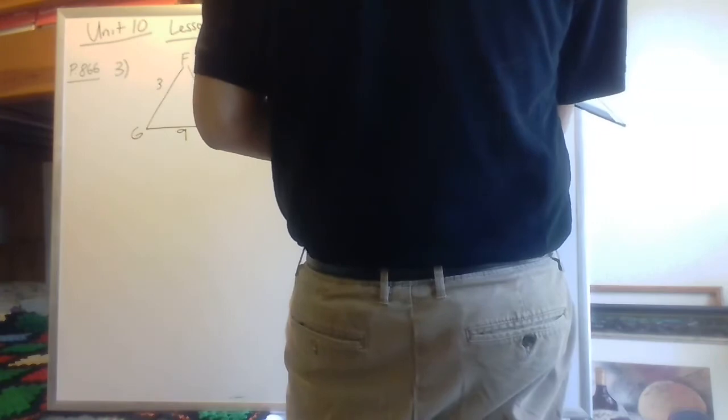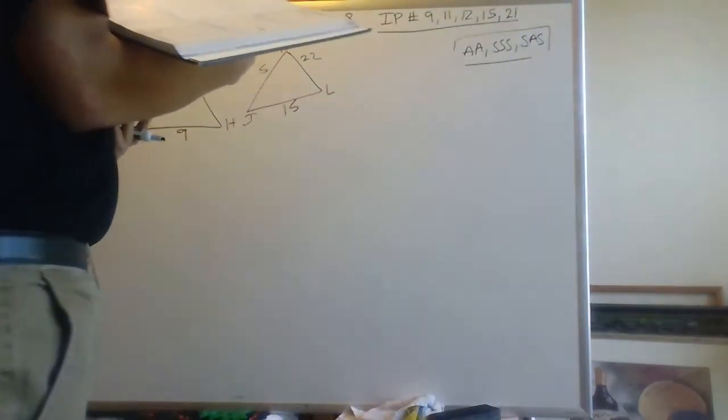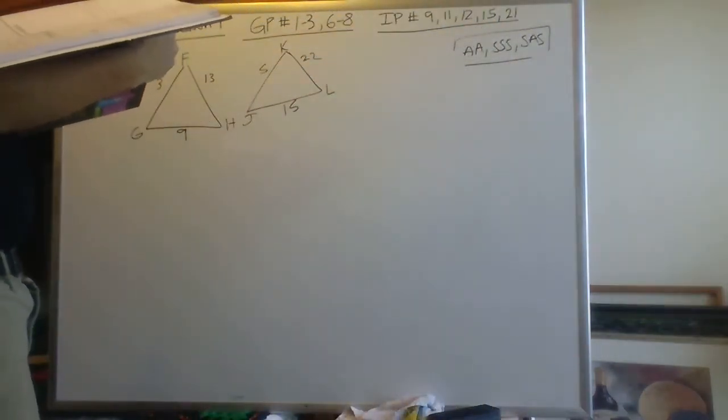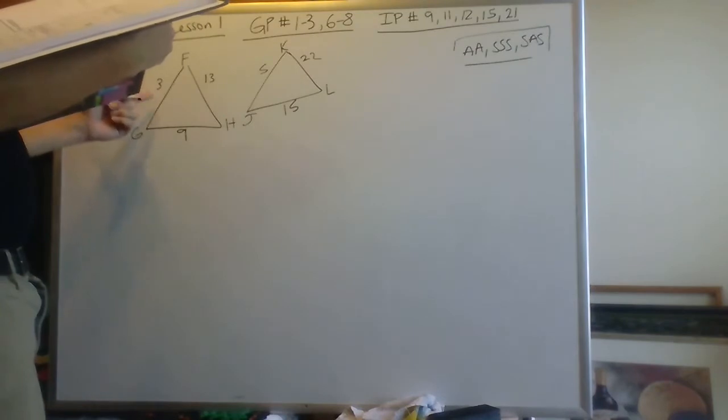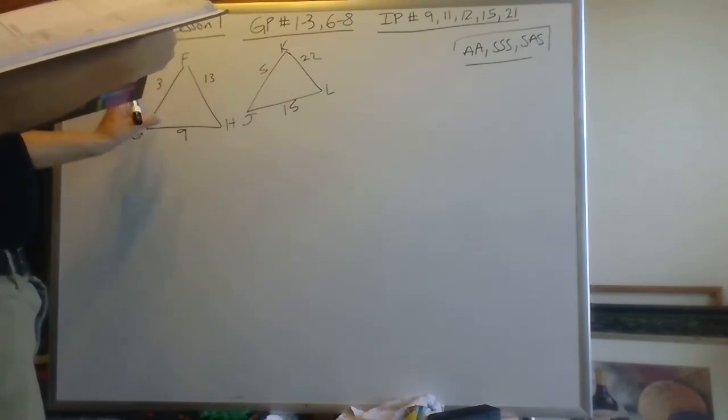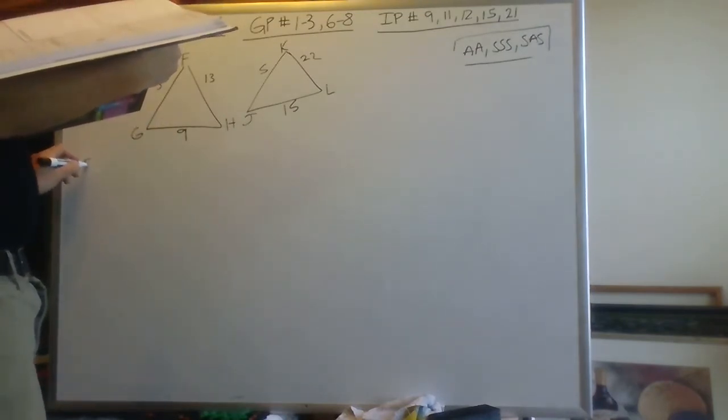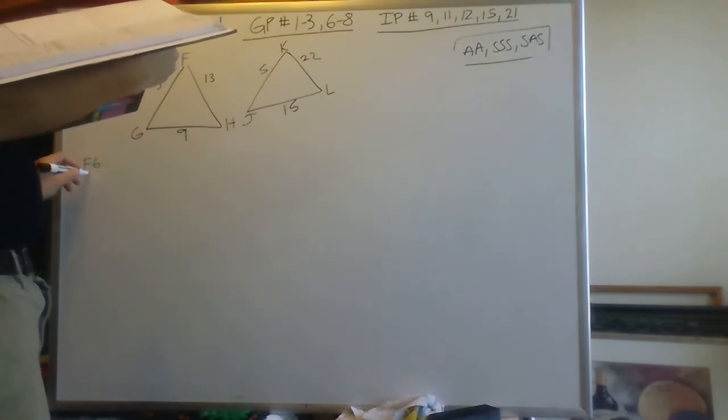So what we're going to do is look at these triangles and see if we have a ratio. So let's look at the first two sides, FG over GH.